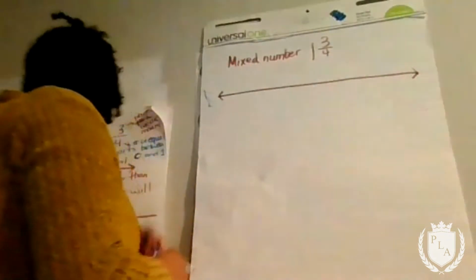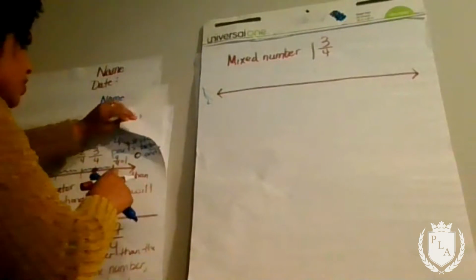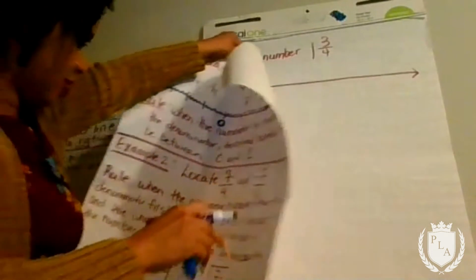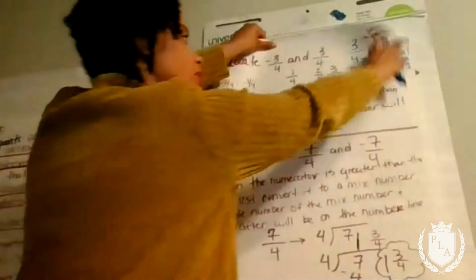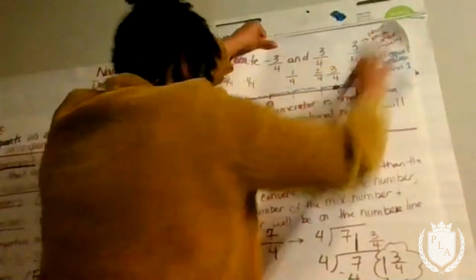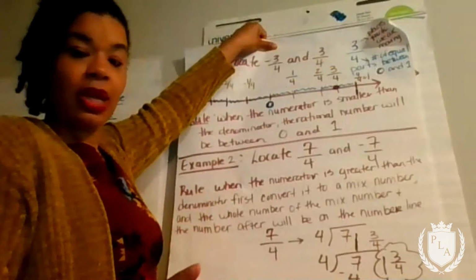And don't forget the rule. The rule states, if we go back to our notes, that when the numerator is greater than the denominator, first convert it to a mixed number. And the whole number of the mixed number and the number after it will be on the number line.